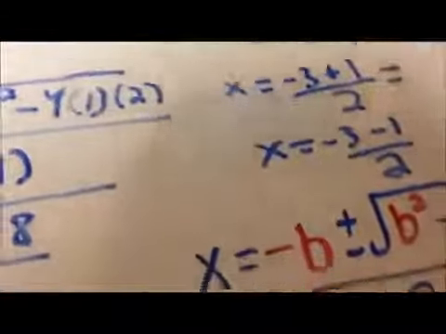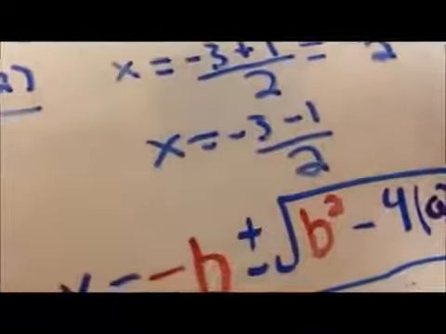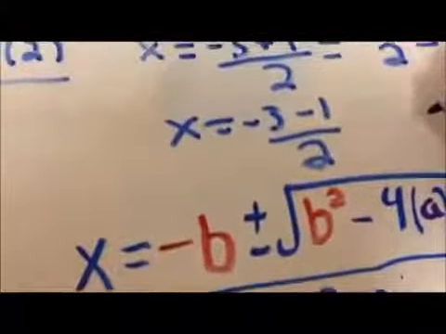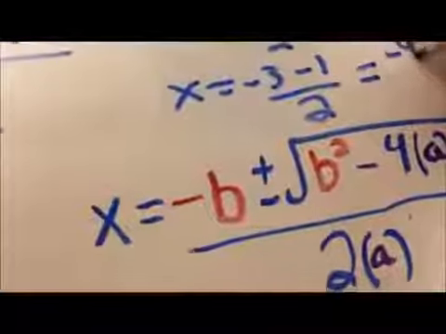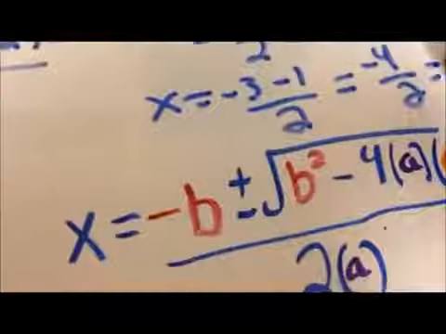And the top is going to give us a negative 2 over 2, and negative 2 divided by 2 equals negative 1, and then negative 3 minus 1 over 2 will give us negative 4 over 2, which will give us negative 2. So those are our answers. So x will equal negative 1 and negative 2.